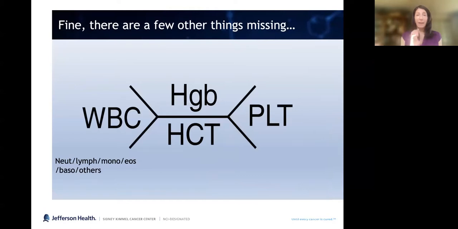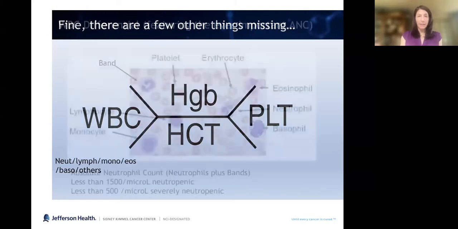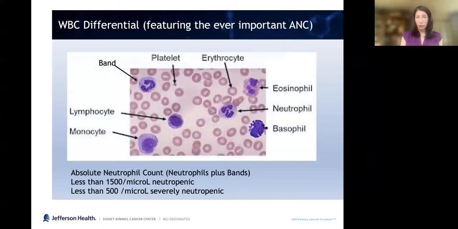So I'm going to go back to this and say that although these are the most important, there really are some things that are missing from this original diagram, and that is the differential of the white cells. And a lot of times when you have leukemia, people focus on this, and I think rightly so, because in the white blood cell differential, there is the ever important ANC, or absolute neutrophil count.